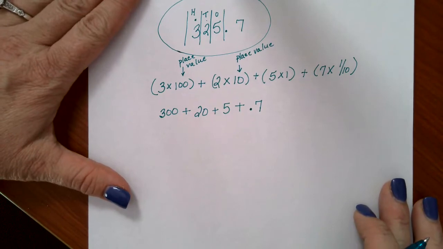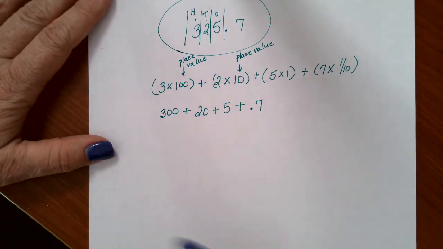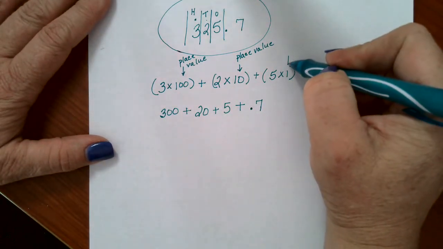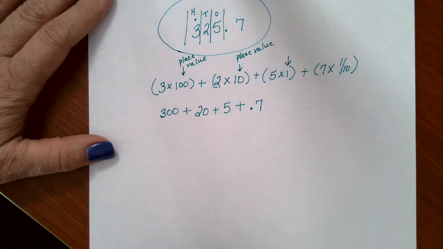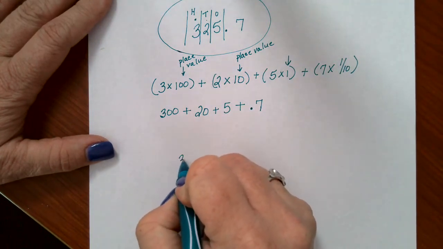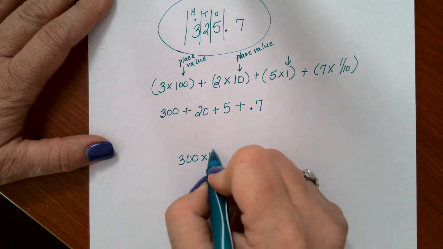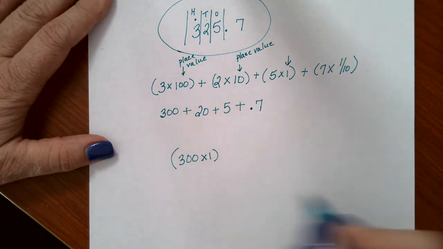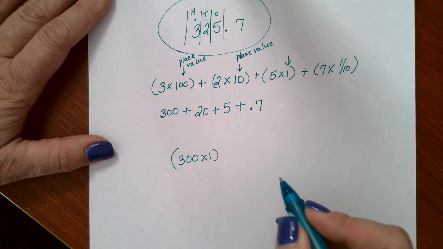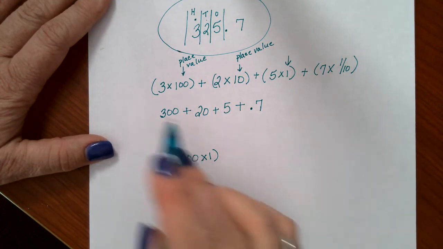What some of you are getting confused by is instead of multiplying by the place value, you automatically want to just multiply by 1. So you're doing 300 times 1, or even 3 times 1. That's not the way that we're going to do this when we're doing expanded notation.